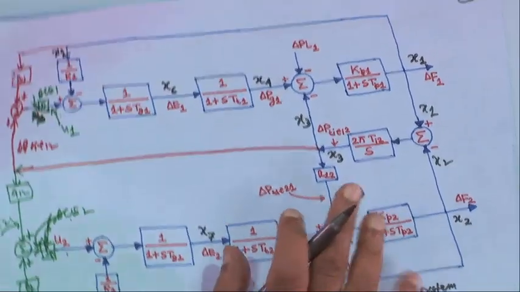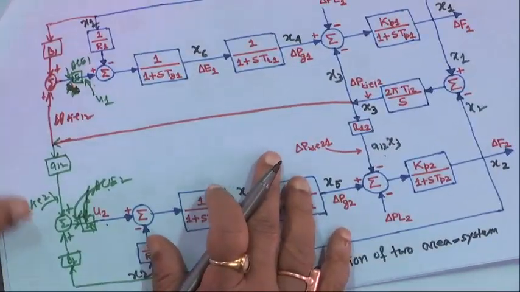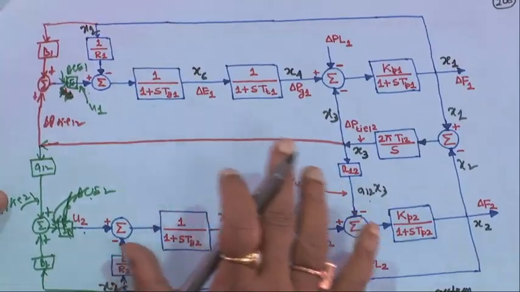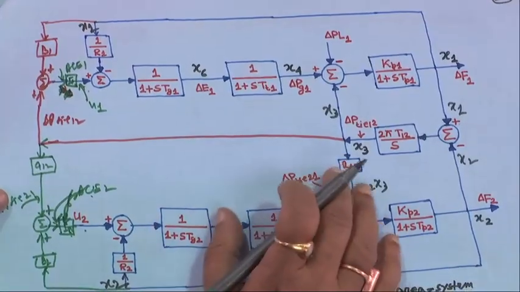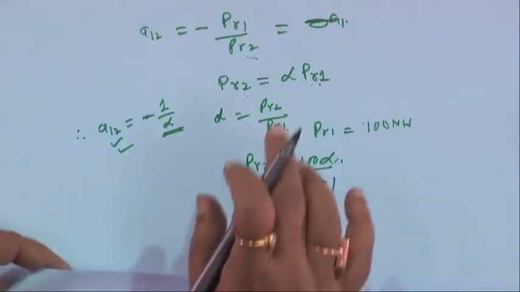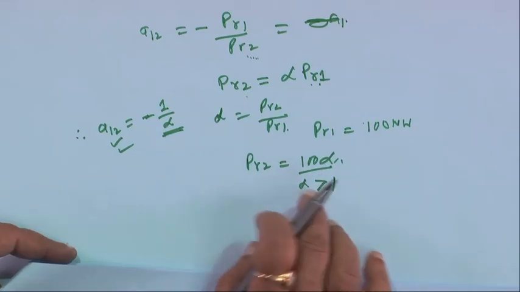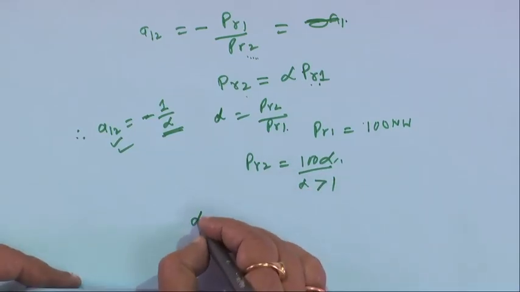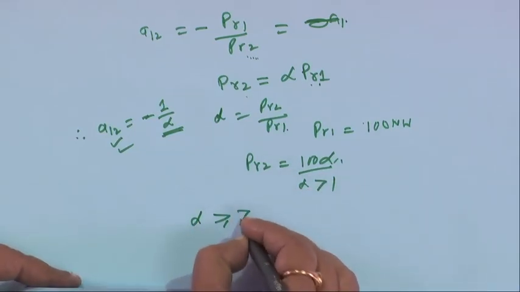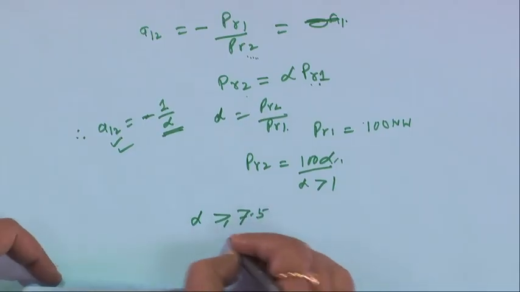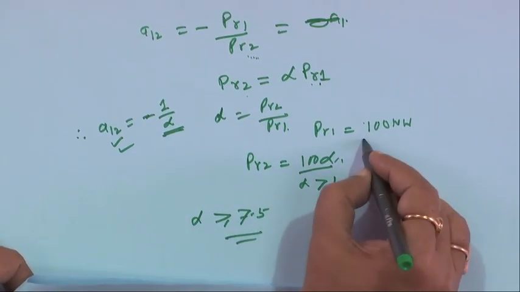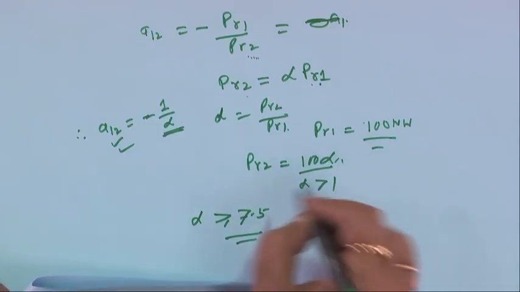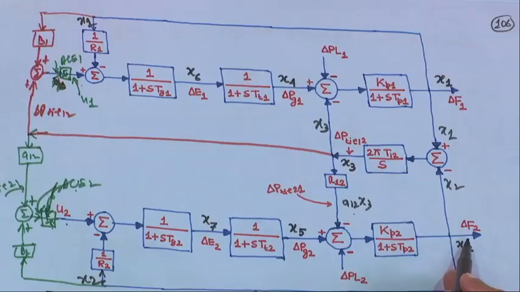Not for this system, for a composite system and other things I cannot tell directly, but I have some idea that if this alpha value is greater than or equal to 7.5 for this system, that means if it is 100 megawatt, it is 7.5 times 100 megawatt, at least, then you will find this frequency deviation is almost negligible.